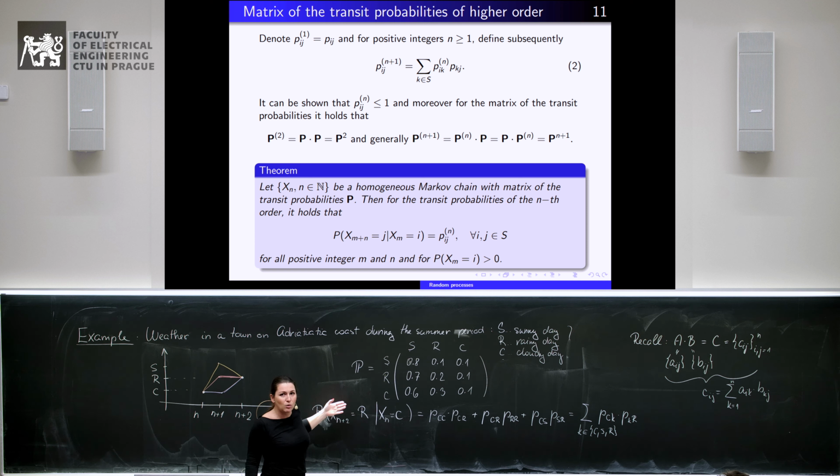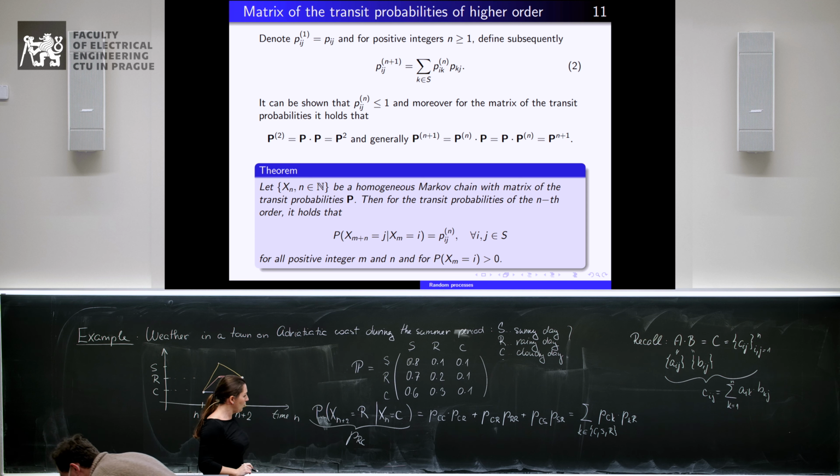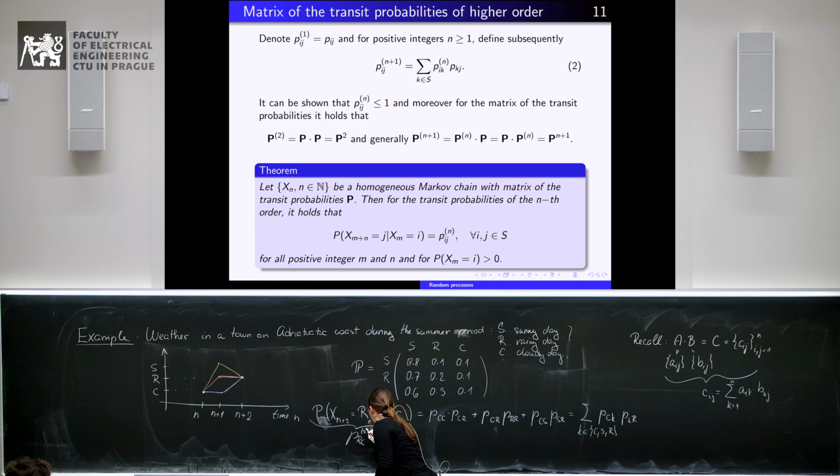And in our case, our matrices are the matrix P and the matrix P. So, in fact, these transit probabilities of the second order can also be ordered into the matrix.